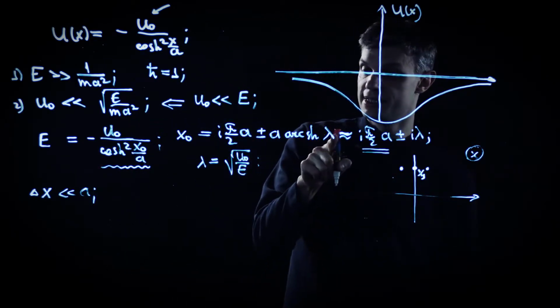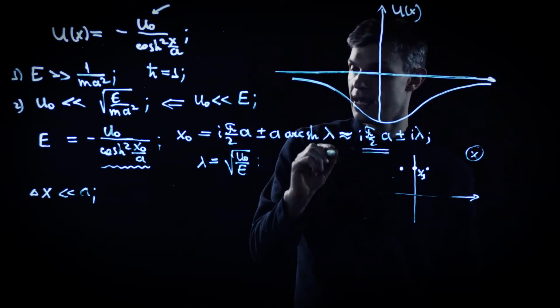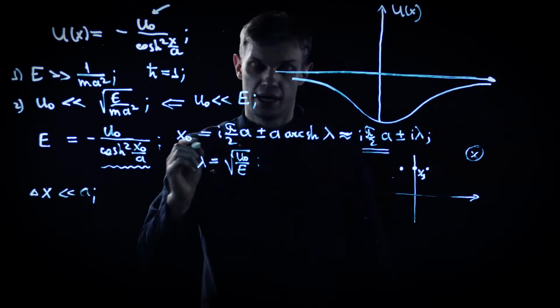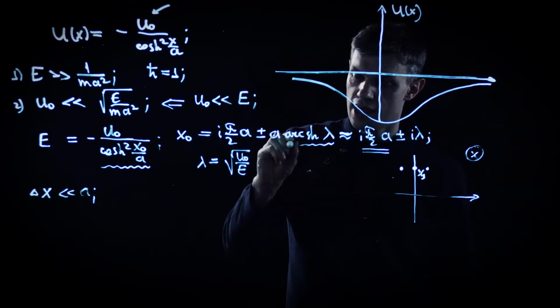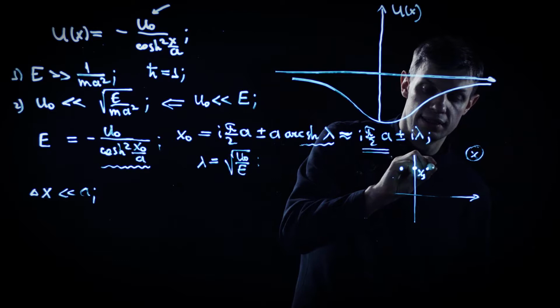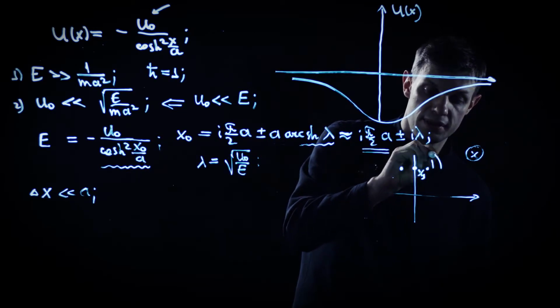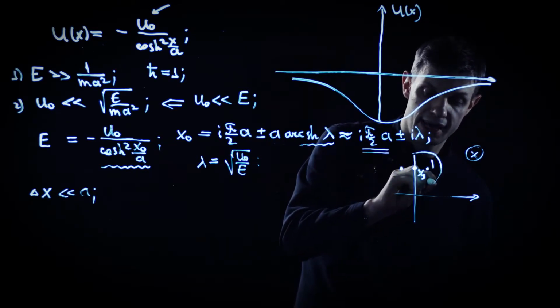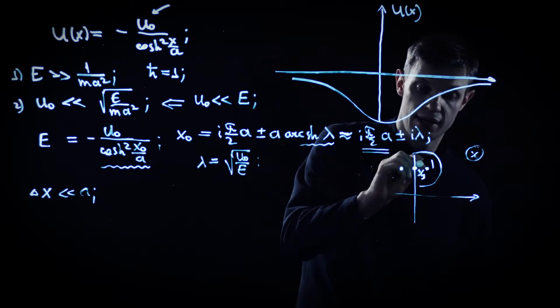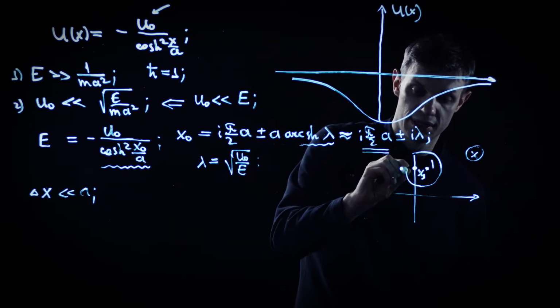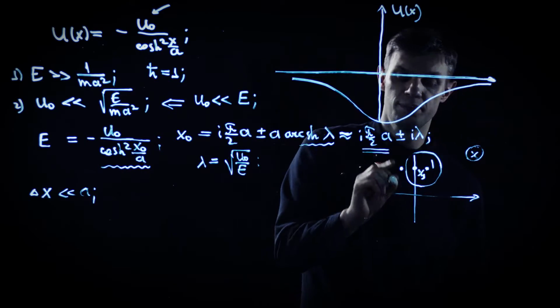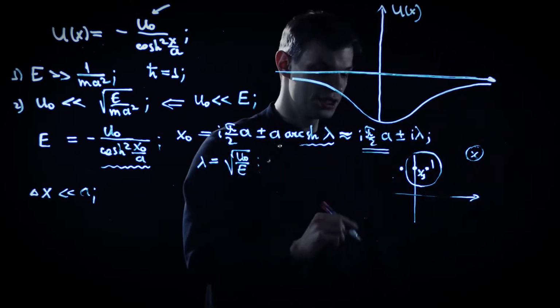But since lambda is small, the important x here, when we circumvent this, the region of important delta x around this, say, the right-hand side turning point, then the pole itself enters this region.